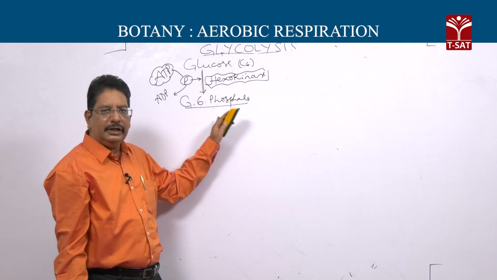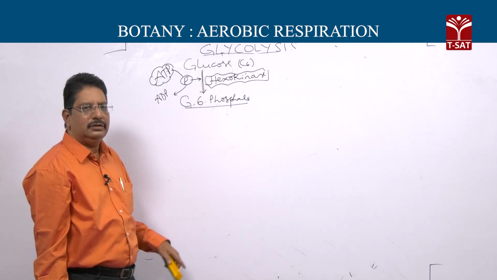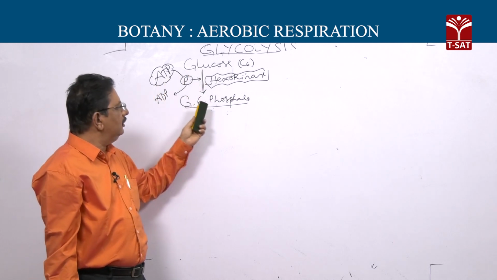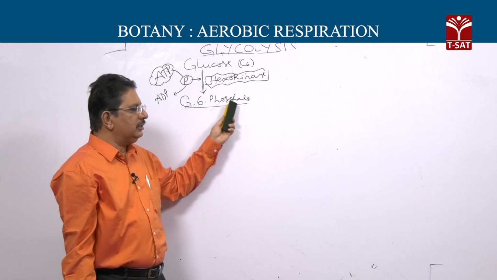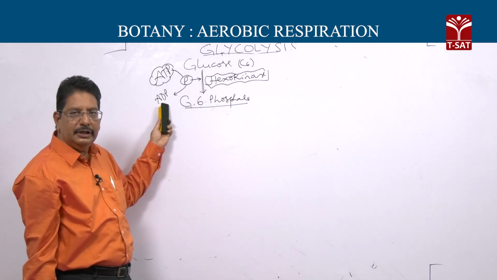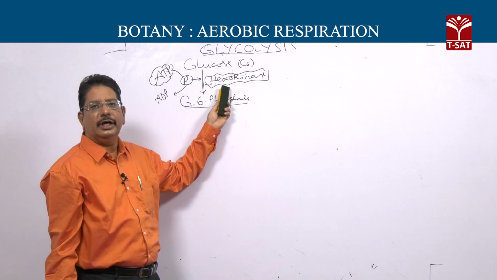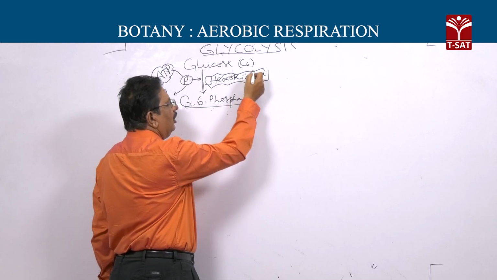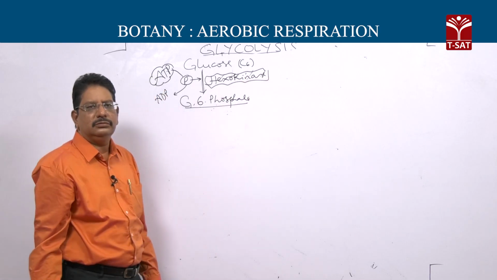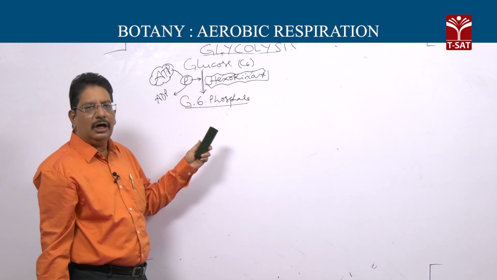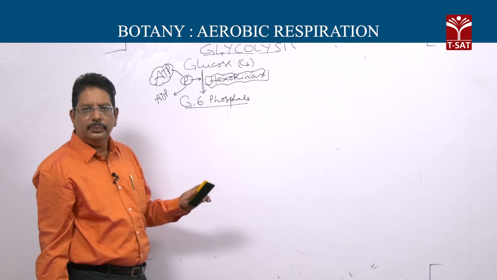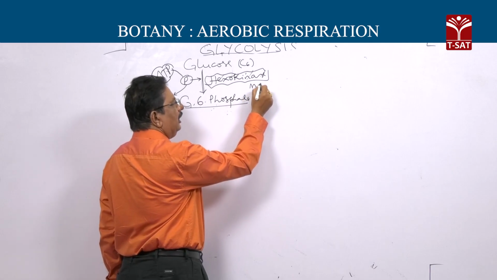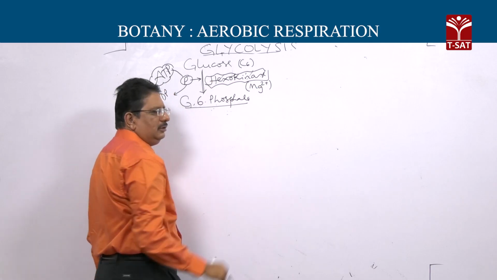So, the first reaction in glycolysis reads like this: glucose plus ATP gives rise to glucose 6-phosphate plus ADP in the presence of the enzyme hexokinase. Hexokinase is a kind of metalloenzyme. That means it is a complex enzyme which requires a metal ion as a cofactor.